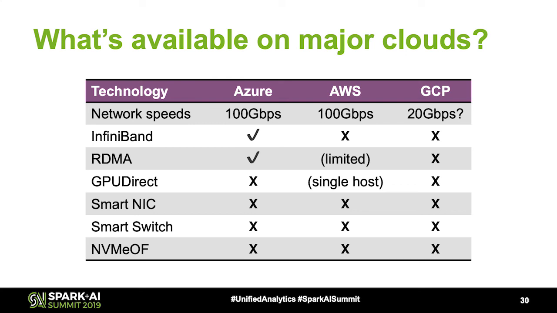GPUDirect is not supported with RDMA pretty much anywhere right now. It's only supported within the same host between different GPUs on AWS. We can see that the other technologies have not been picked up by major clouds. But again, we expect it to change very quickly.